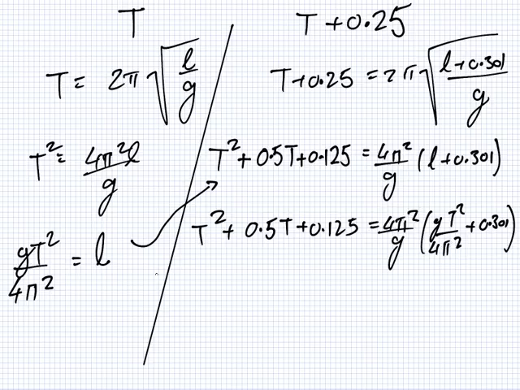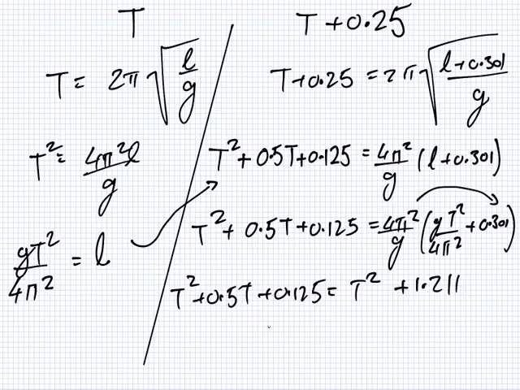So we'll get T squared plus 0.5T plus 0.125 equals T squared. And then when I multiply that here, I get plus 1.211. Oh look! Okay, maybe this isn't as bad as I thought, because now the T squareds are cancelling.